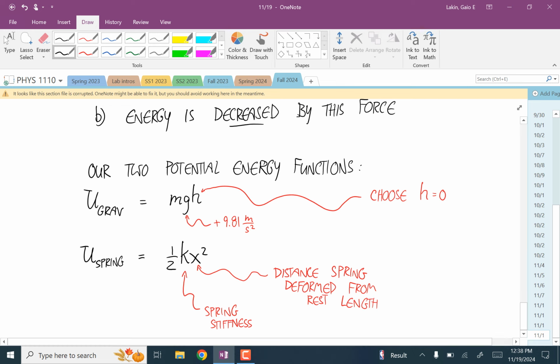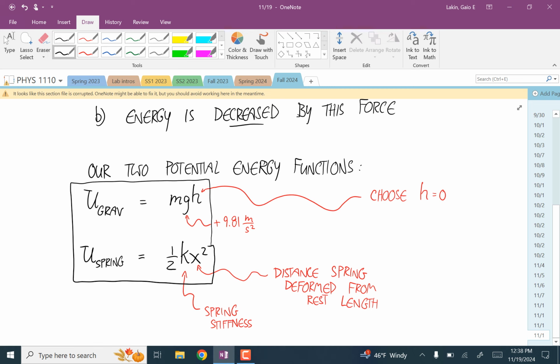So if you take a spring that's at rest, sitting there at its resting length, and then you stretch it an inch, that x is 1 inch. Okay, so those are the only two ways you have to worry about for calculating potential energy.